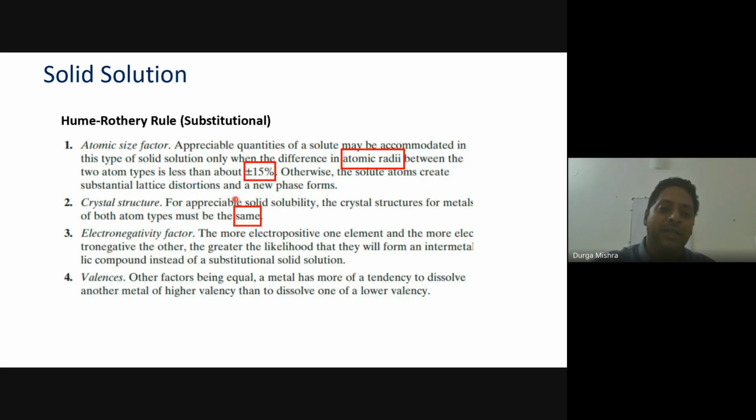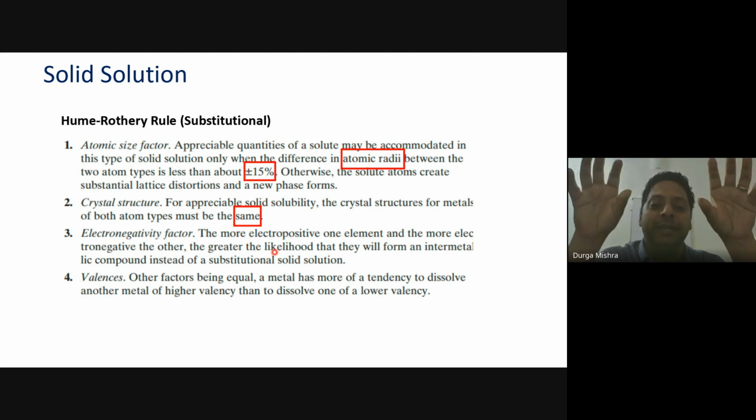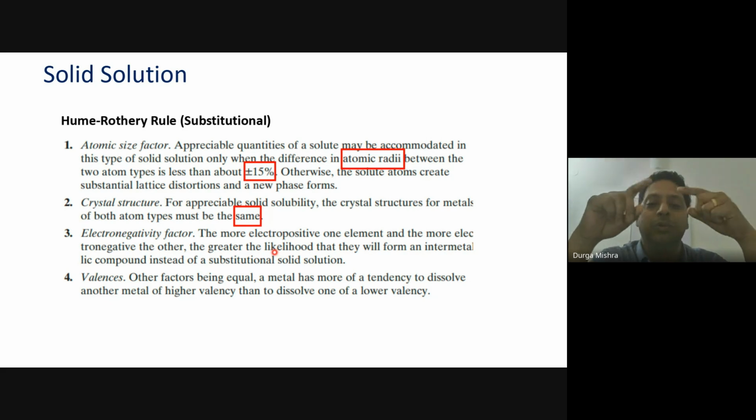Another third point is the electronegativity. The difference in the electronegativity should be small. If I am adding two atoms where the difference between the electronegativity is much larger, it will not form a substitutional solid solution, but what it will form is known as an intermetallic compound.